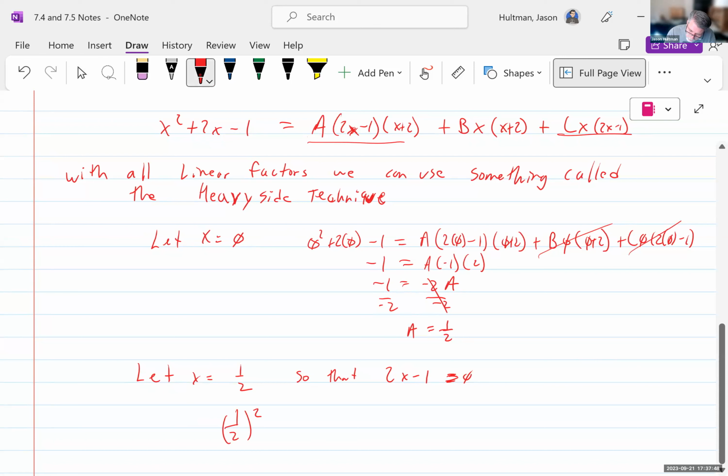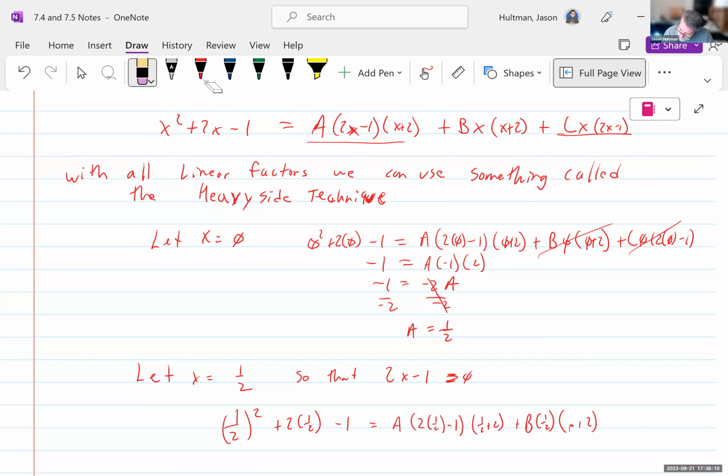And so I'm going to plug in 1/2 squared plus 2 times 1/2 minus 1 is equal to A times 2 times 1/2 minus 1 times 1/2 plus 2, plus B times 1/2 times 1/2 plus 2, plus C times 1/2 times 2 times 1/2 minus 1.